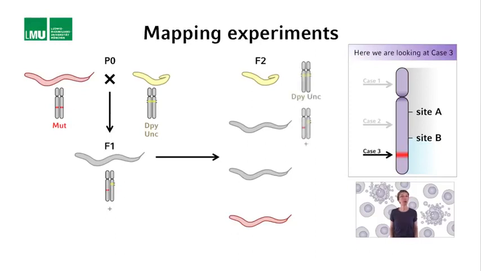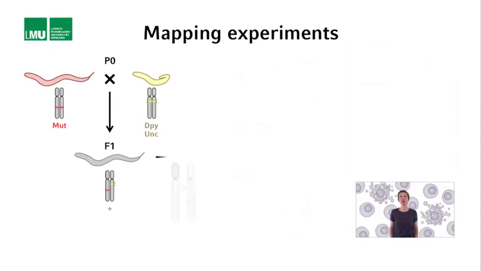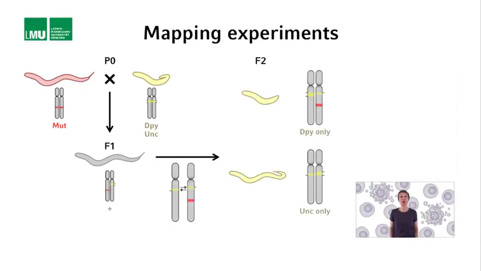Most animals will not be recombinants. They will either be wild type, dumpy Unc, or exhibit the phenotype caused by your mutation. How can you look for recombinants? You look for animals that are dumpy but not Unc, and for animals that are Unc but not dumpy.